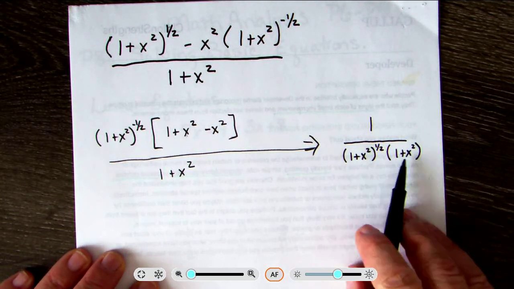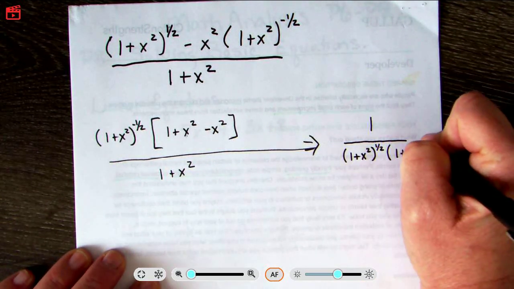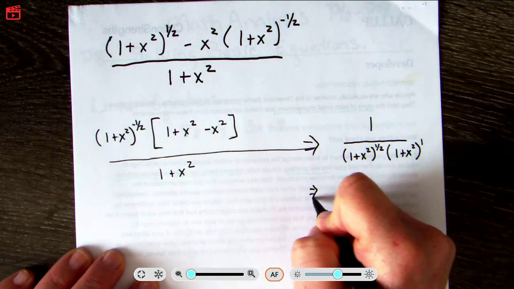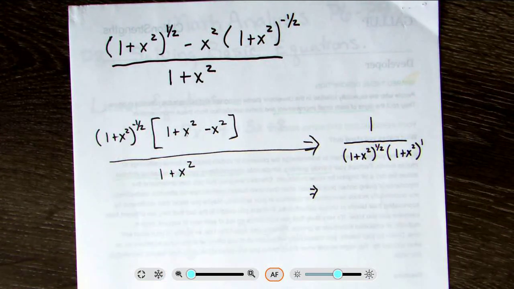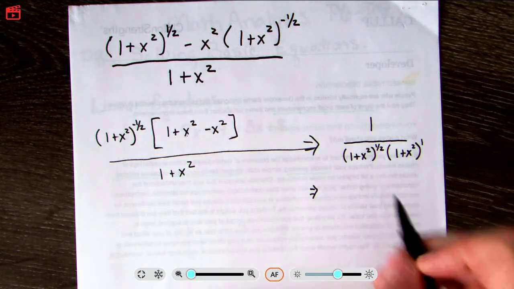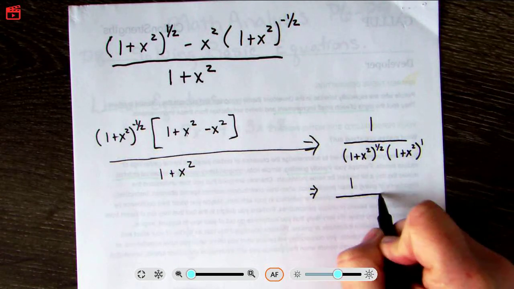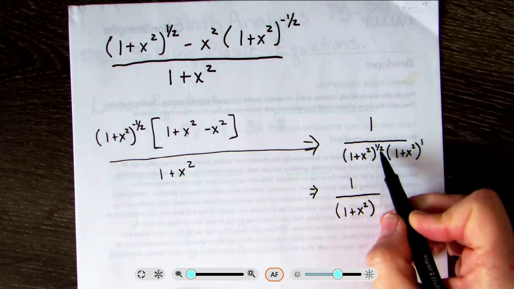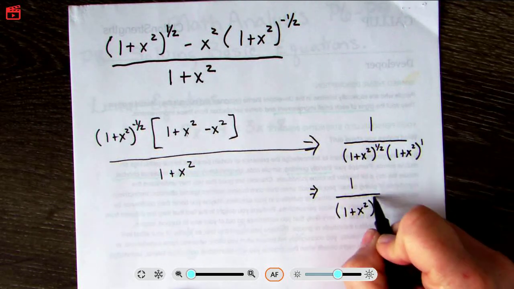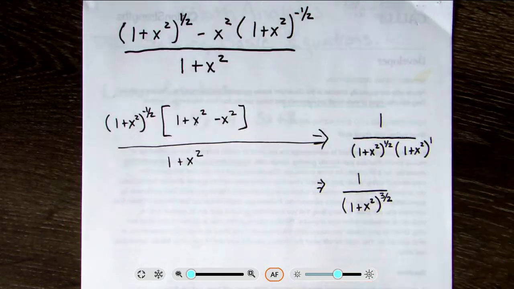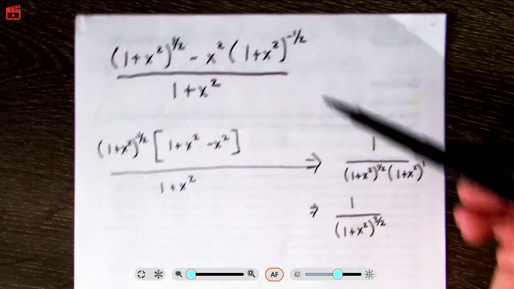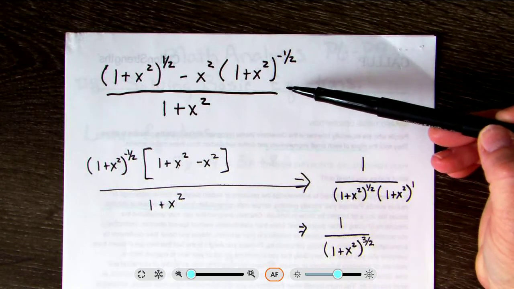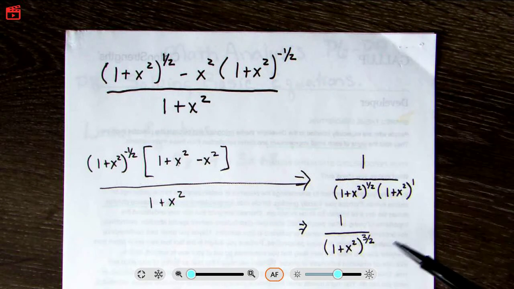That 1 plus x squared is like to the power of 1, which means we can bring them together and add our exponents. So 1 plus 1/2 is 3/2. So I get 1 over 1 plus x squared to the 3/2. I would never have imagined that this ugly thing is no more than that.